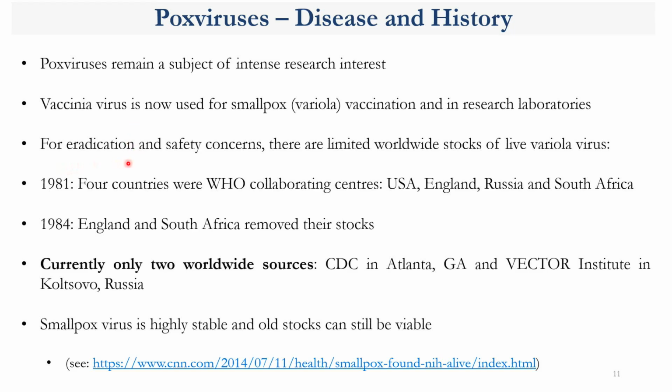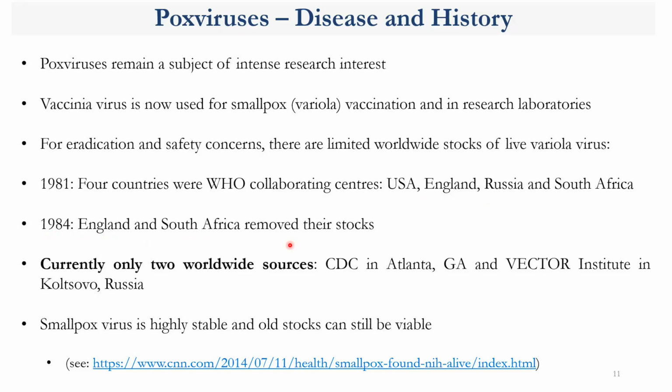And for eradication as well as for safety concerns, there's limited worldwide stocks of live variola virus, okay? So we don't actually keep a lot of this in stock. In '81, there were 4 collaborating centers: US, England, Russia, and South Africa. And in 3 years, England and South Africa removed their stocks.